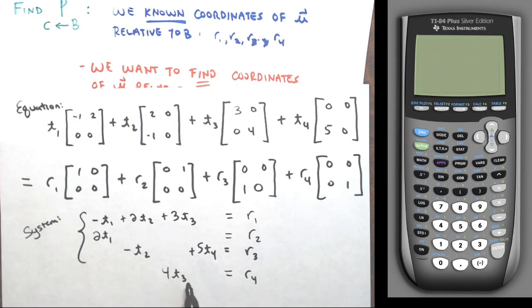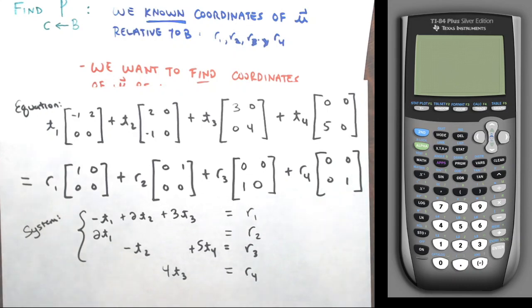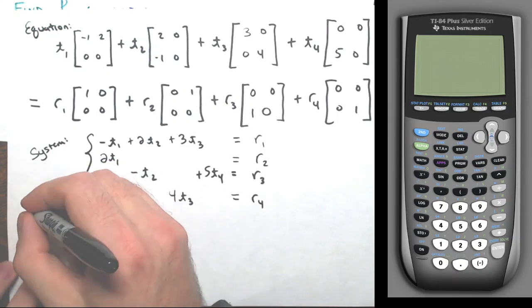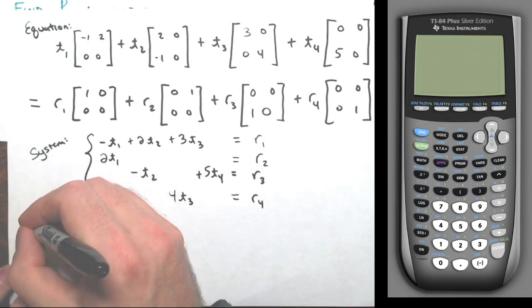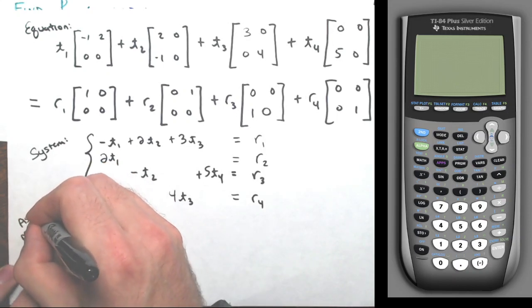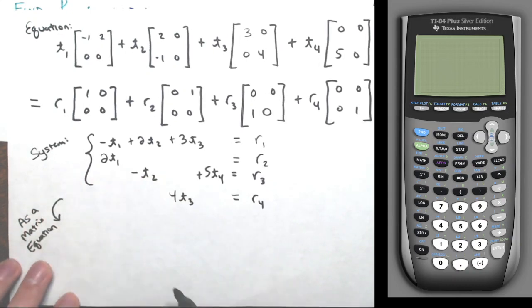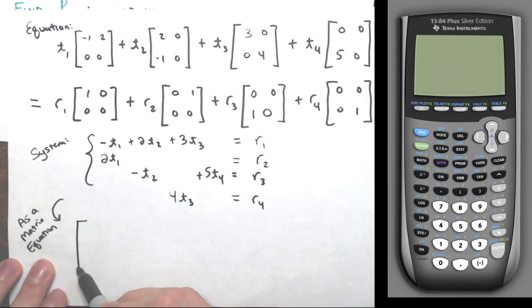But what I'm going to do here is write this like I was doing with the past transition from one basis to another. I'm going to write this system as a matrix equation, with the product of matrices and variable matrices and all that. So as a matrix equation, this left side is a coefficient matrix.